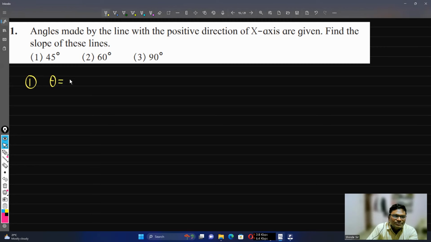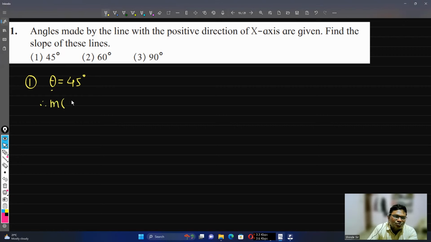Problem number 1, theta equals to 45 degree. Okay, so we are going to consider that the angle made by the line to the positive direction of x-axis equals to theta, and since the 45 degree is given, so the value of theta for first problem will become 45 degree.